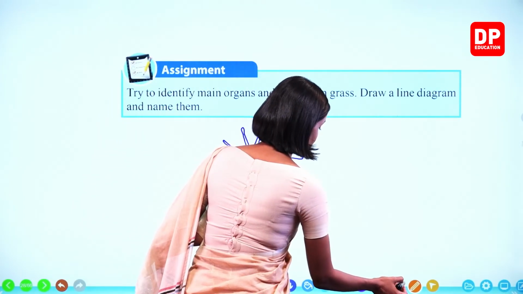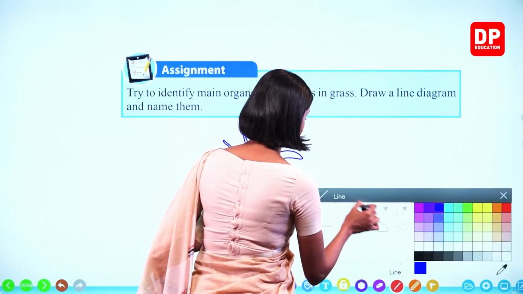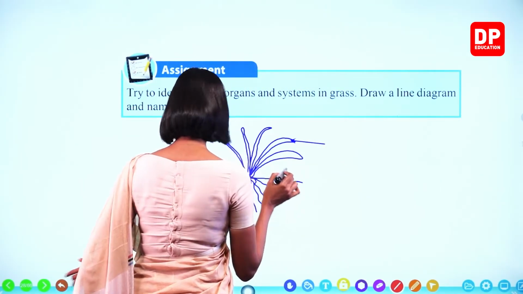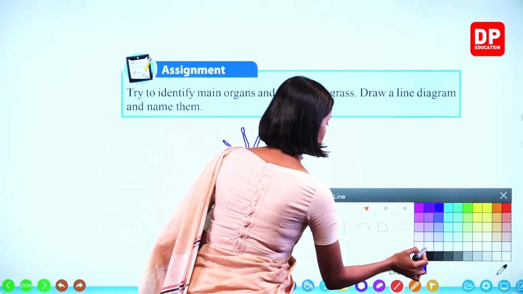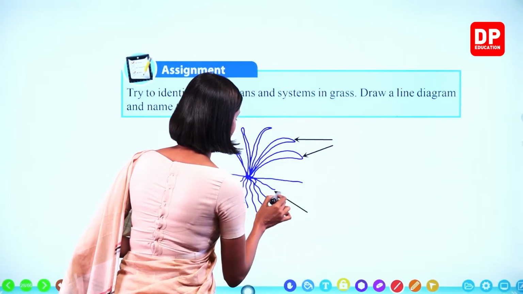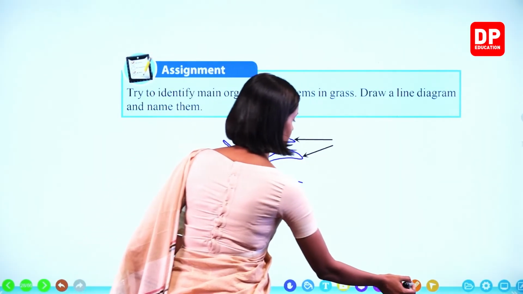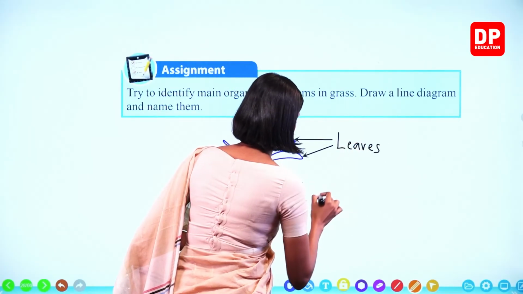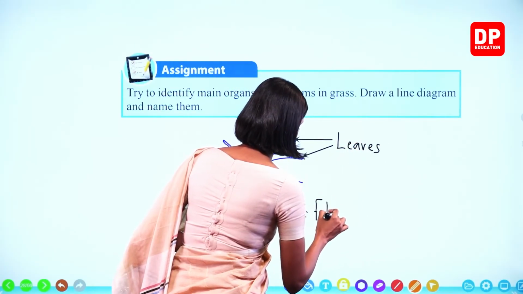Okay? Let's label this one. These are the leaves. The leaves and the fibrous roots.